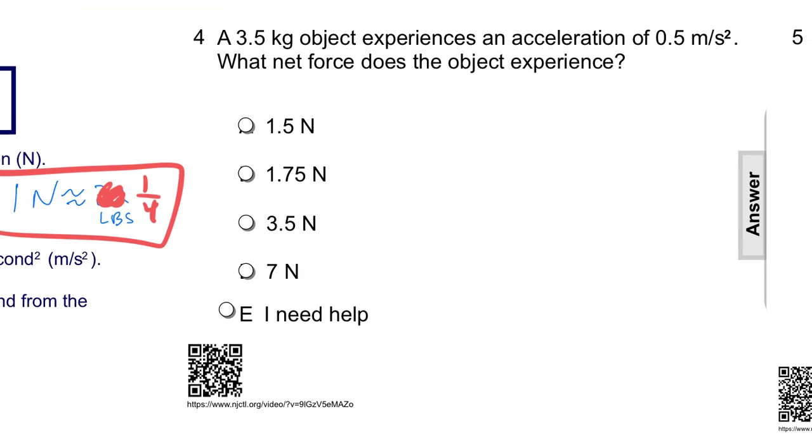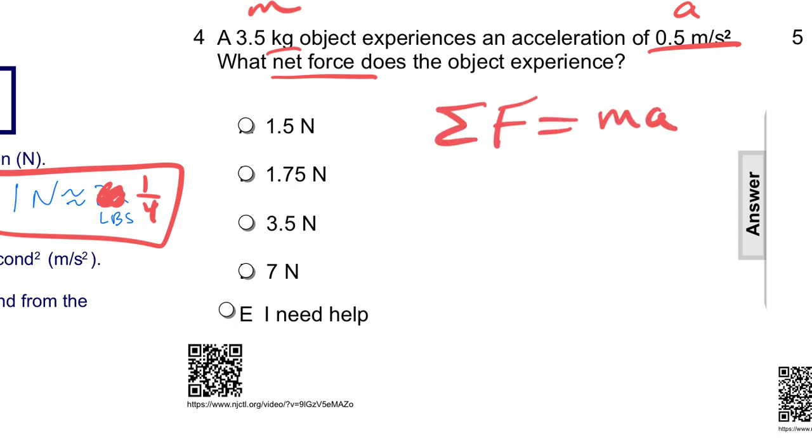Okay, a 3.5 kilogram object. That's mass, kilograms. Acceleration of 0.5 meters per second squared. What net force does the object experience? Well, according to Newton's second law, net force equals ma.